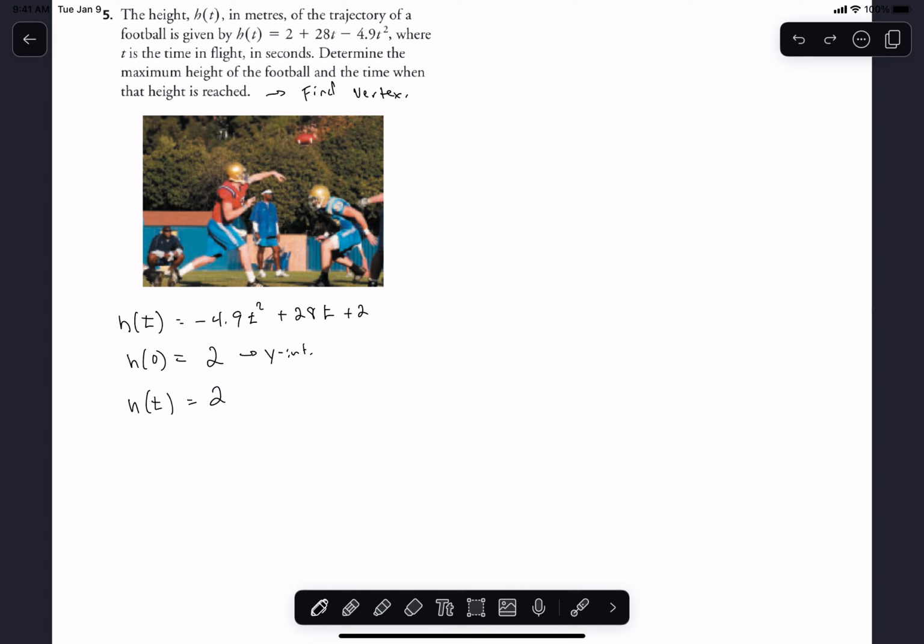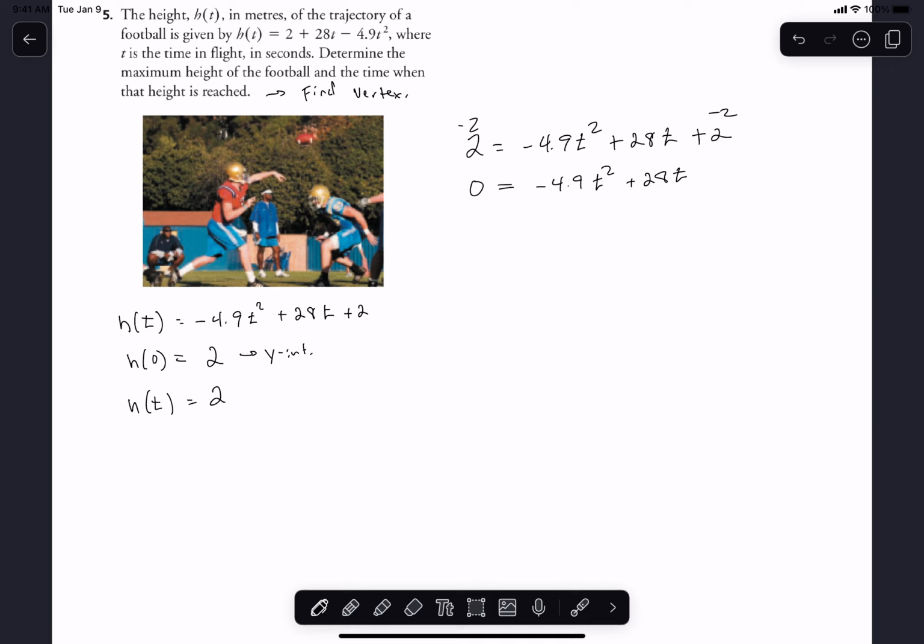So 2 is going to equal negative 4.9 t squared plus 28t plus 2. I'm going to take 2 away from both sides, and I'm left with 0 equals negative 4.9 t squared plus 28t.